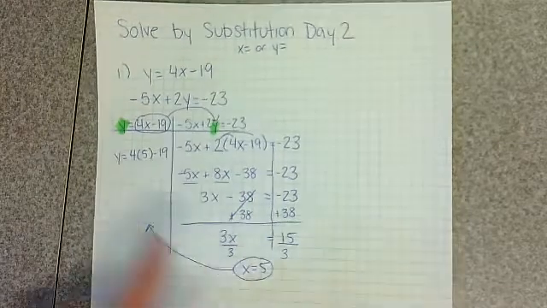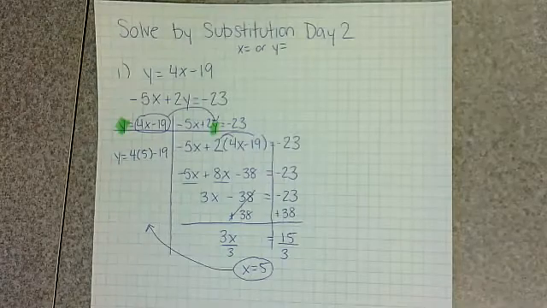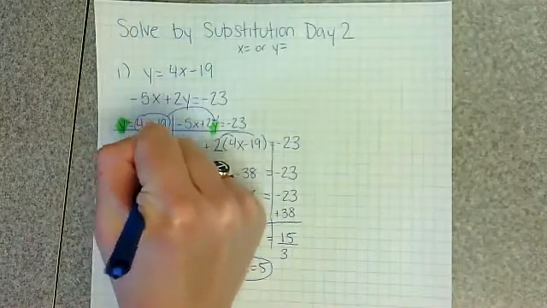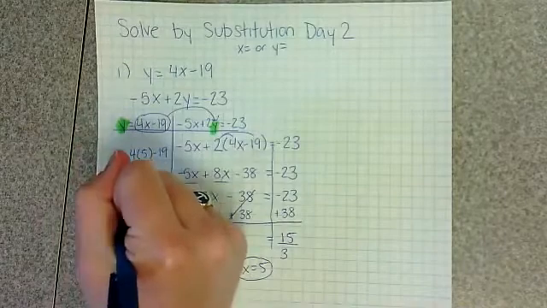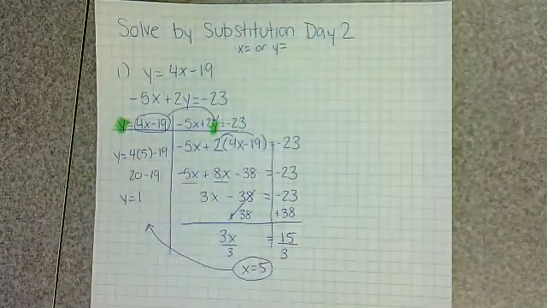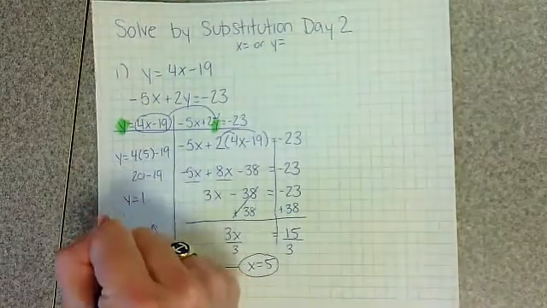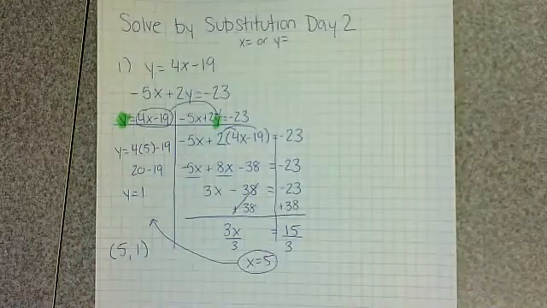Even though it's just a number, I can still substitute that in. 4 times 5 is 20. 20 minus 19 gets me 1. And so my final answer, the point of intersection, is 5, 1.